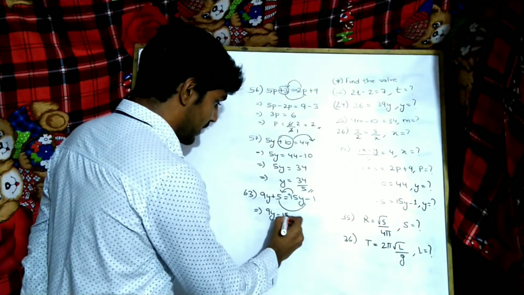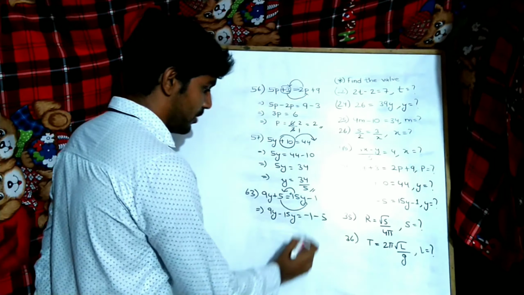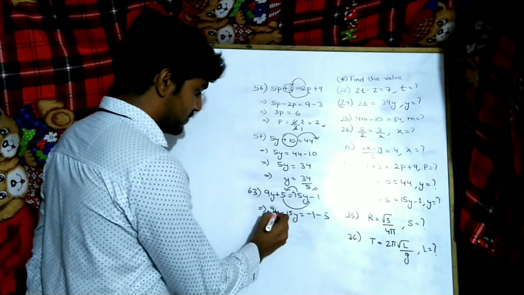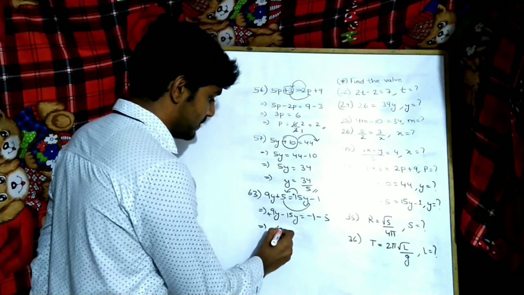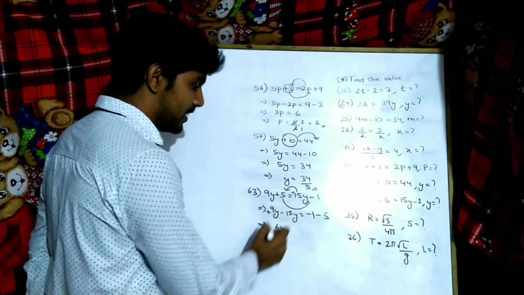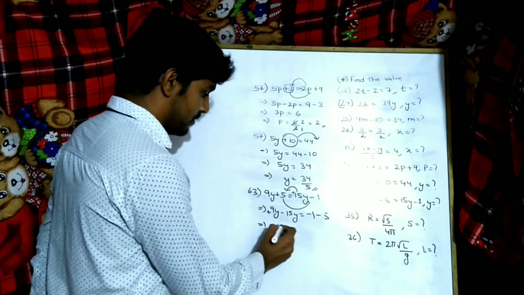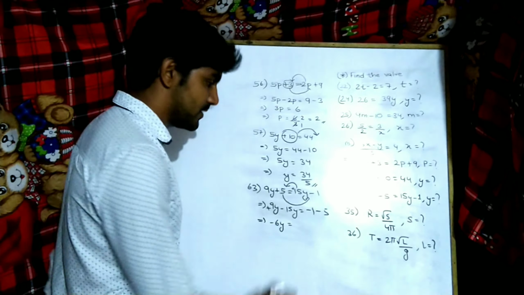So minus 15y is equal to minus 1 minus 5. Okay. Now plus minus will be minus. 15 minus 9, 6. 6y. But which sign will come? Minus sign will come because 15 is greater than 9. So minus minus will be plus. So 1 plus 5, 6.